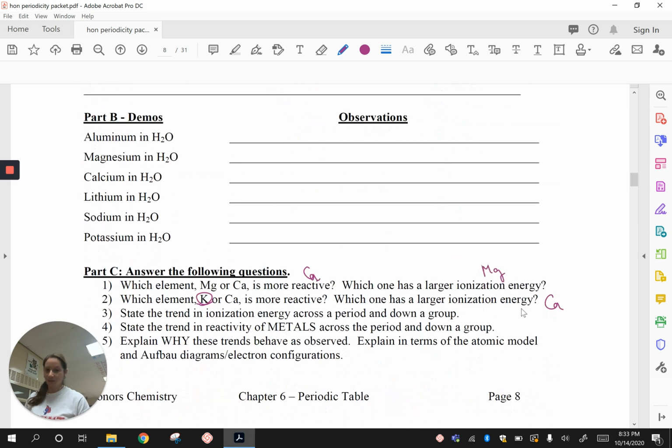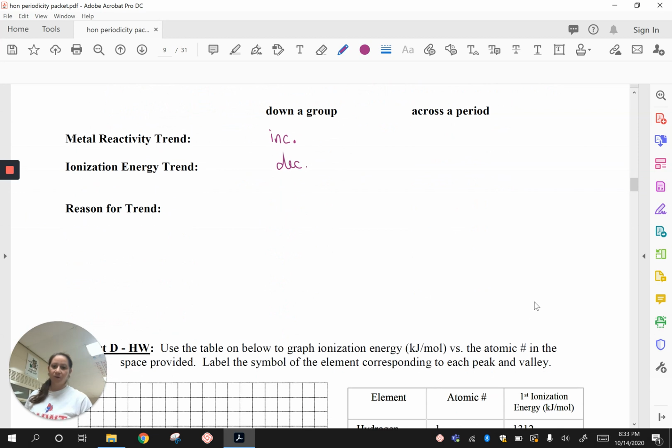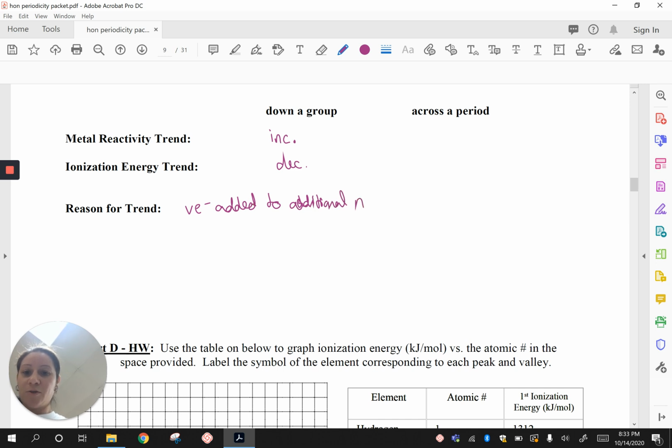Let's write that down in our reasoning here. So as you go down a group, your valence electrons are added to additional energy levels. So remember, with all these reasons, you think about where your extra valence electrons are being added, which leads you to Zeff, which leads you to whatever the trend is for that specific property.